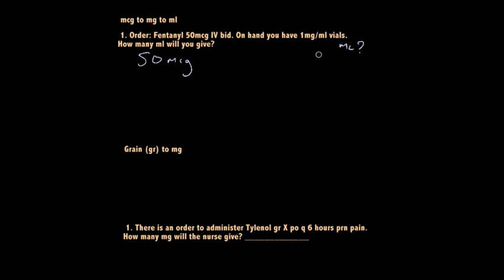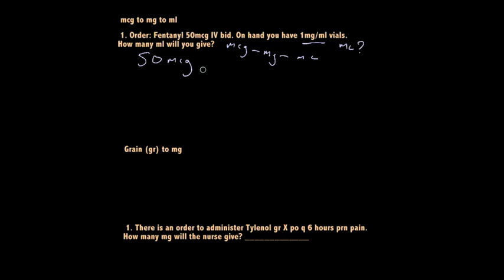You don't typically give too many injections of powder, so you almost will never have your final answer be milligrams whenever it is an injection. So just food for thought there. We're going to start off in micrograms, move to milligrams, and then move to milliliters. All right, that's my roadmap to this problem.